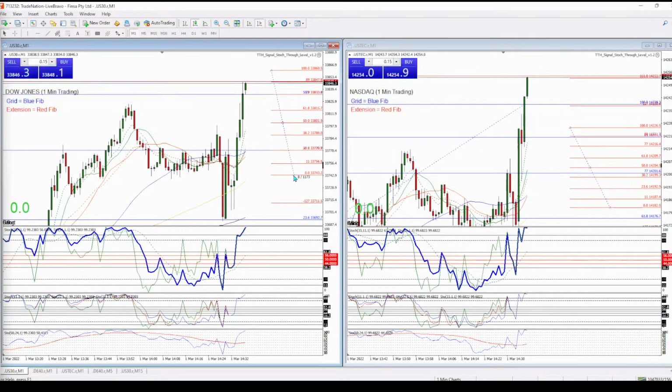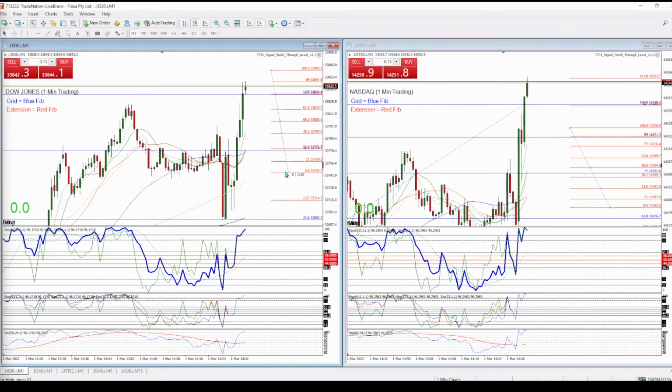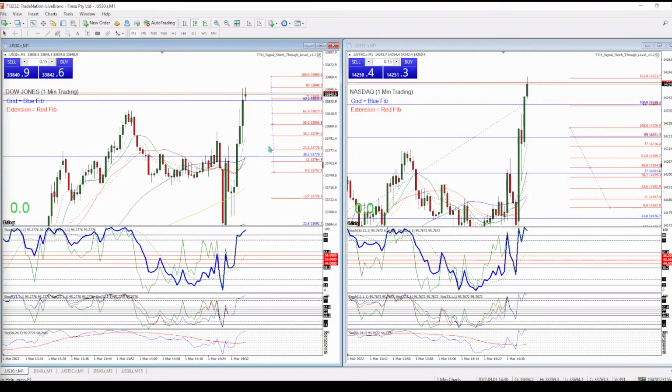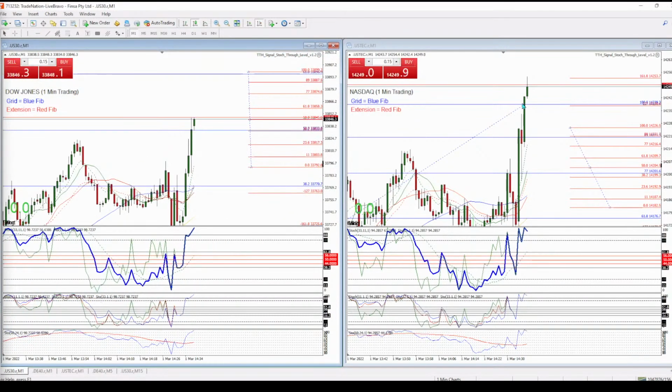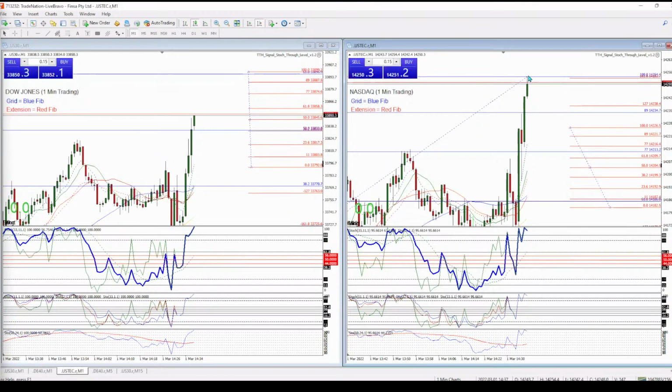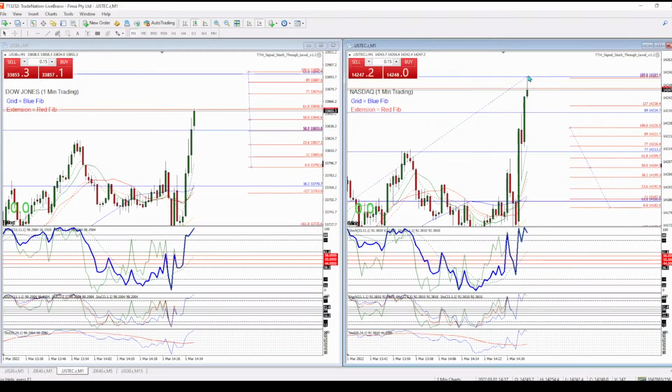US Tech very close to opening price today. Trading above that 89, trading above 77 of the daily high low on the Dow. Watch for both markets, 33 down to 50 will be valid.